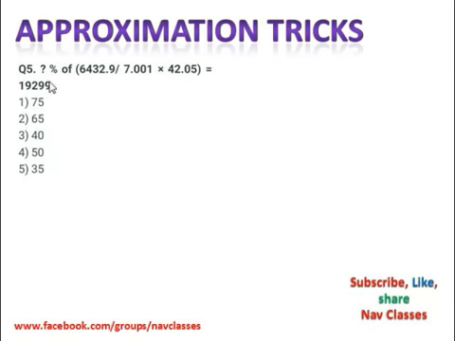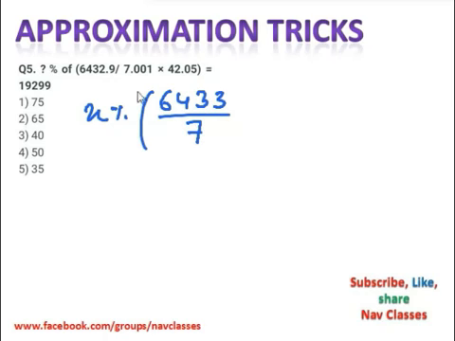It says question mark percent of, we have to find out the x, of 6, 4, 3, 2, 9. We can write this as 3. Of course, it is a question of approximation and we are making just small changes here. We are not making a big change. Divided by 7.001, we can write 7.